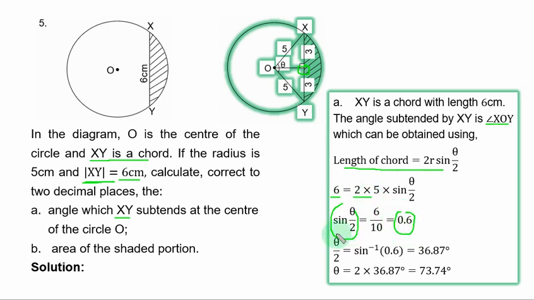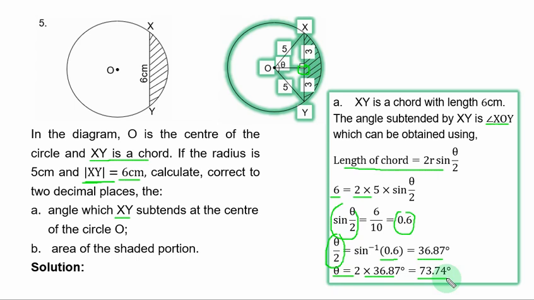To get theta over 2 first, you check the inverse of sine of 0.6, and that is 36.87 degrees. And theta is equal to 2 times 36.87 degrees, and that is 73.74 degrees to 2 decimal places.